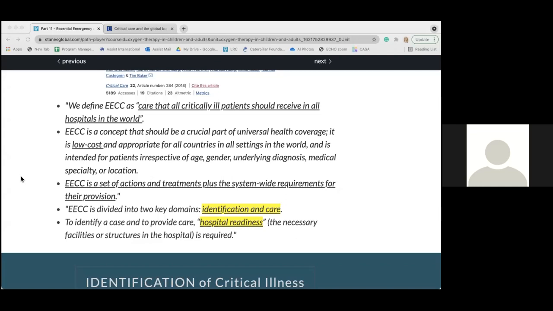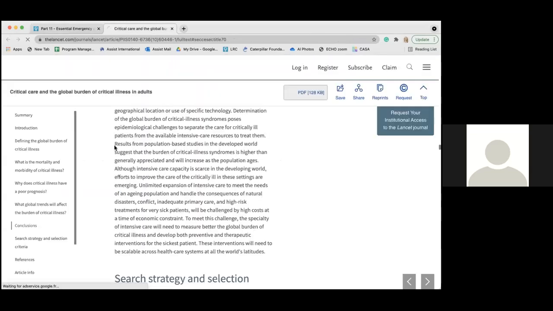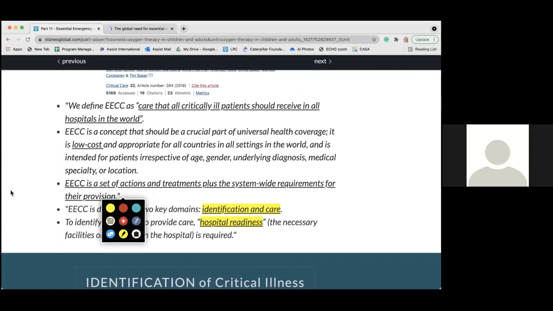We discussed earlier that we divide EECC into two important domains. The first is identification of critical illness, or recognition of critical illness, followed by action or provision of care. So we have identification, and on the other arm, we have care. The subsequent sessions will discuss these two in detail.